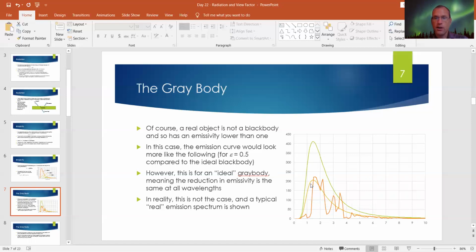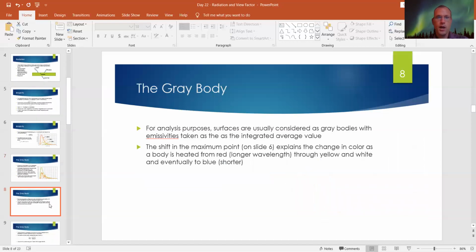Ideal gray body, epsilon equals something else, but still nice and smooth. And a real body is this kind of jagged line. Again, for our purposes, we're going to consider these gray bodies as their integrated values. So we're going to deal with nice smooth curves with some value of epsilon.